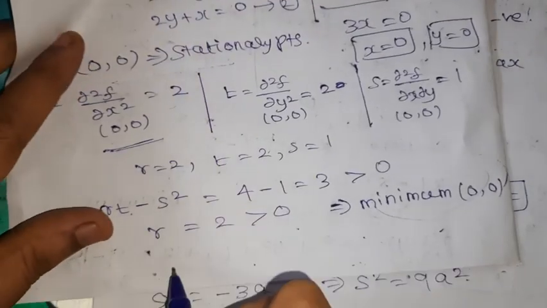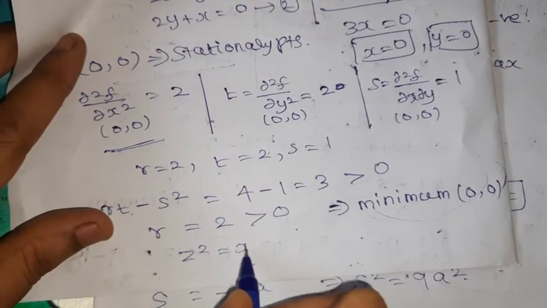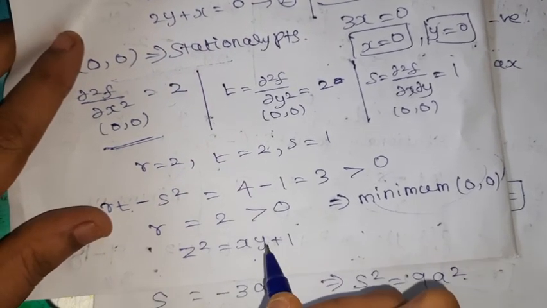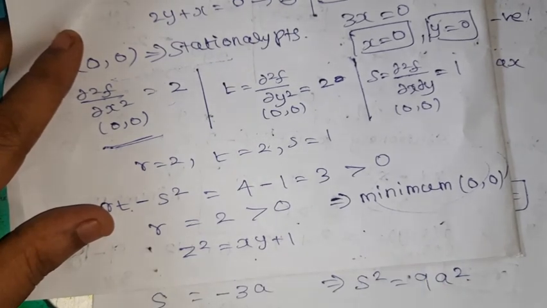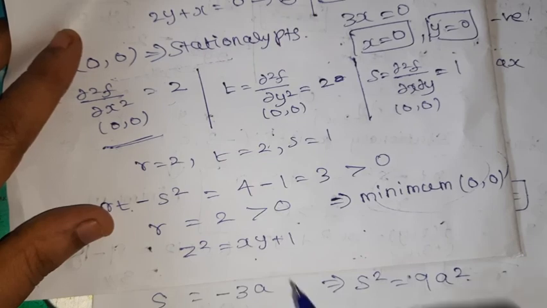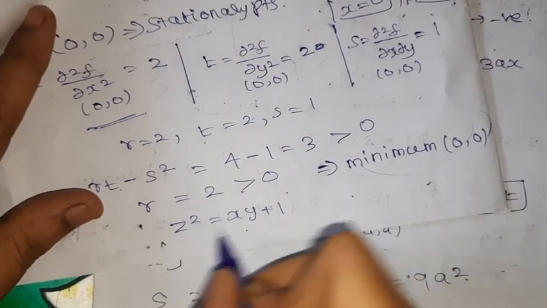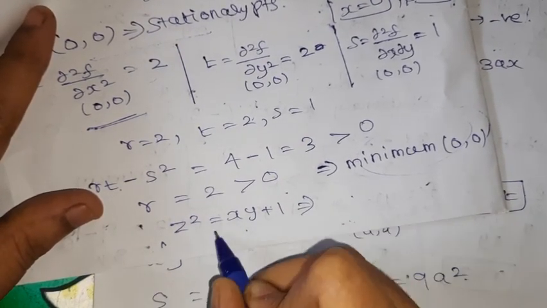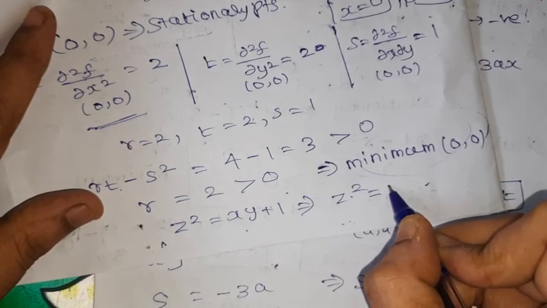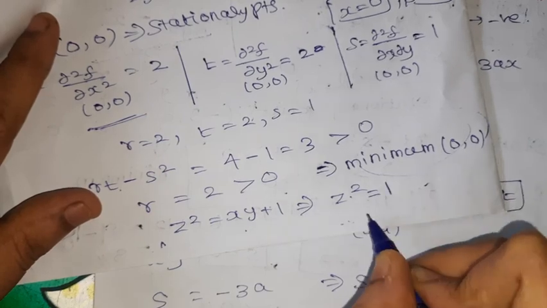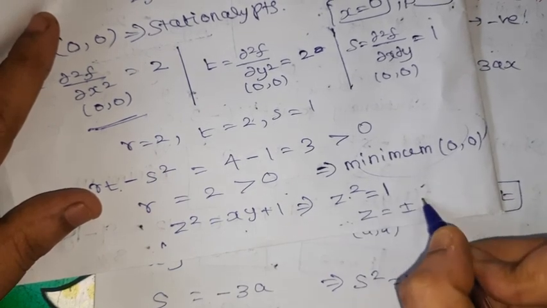Substitute x and y as 0, 0. We will get z squared equal to 1, and z equal to plus or minus 1.